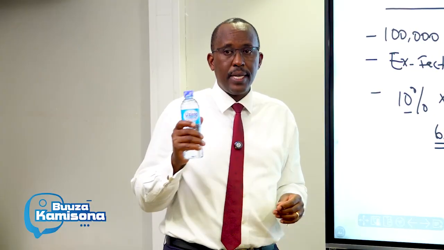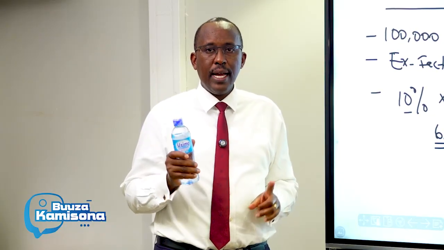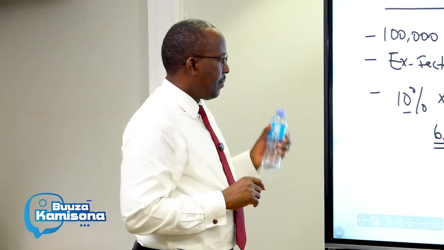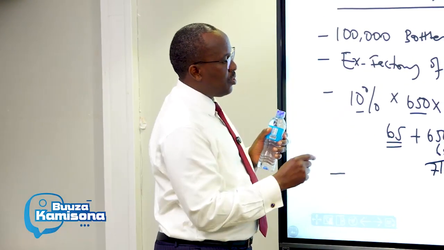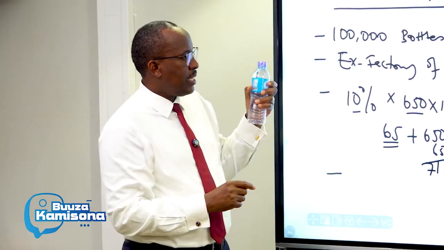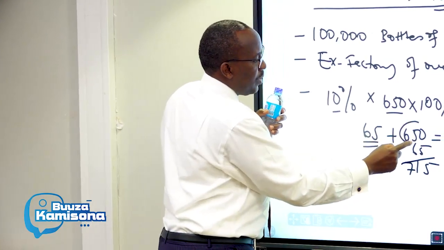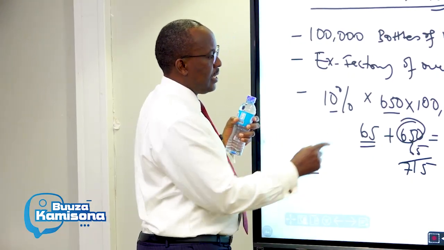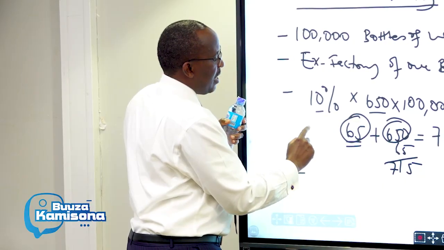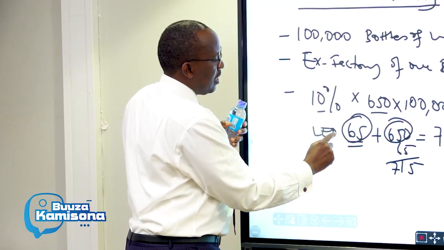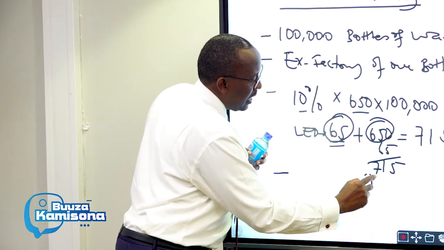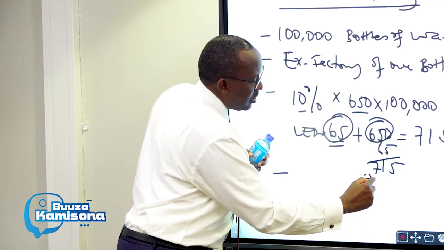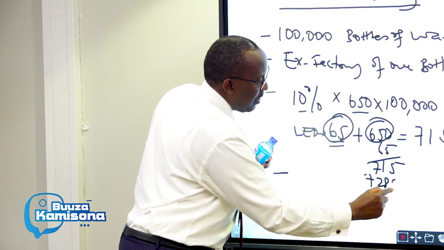So what does it mean? If I go in a supermarket and I buy this bottle of water at 1,000 shillings, what this means is that the business incurred the 650, which was the ex-factory price, added on the 65, which is the local excise duty on this bottle, and of course added on their other costs, which is about 285.